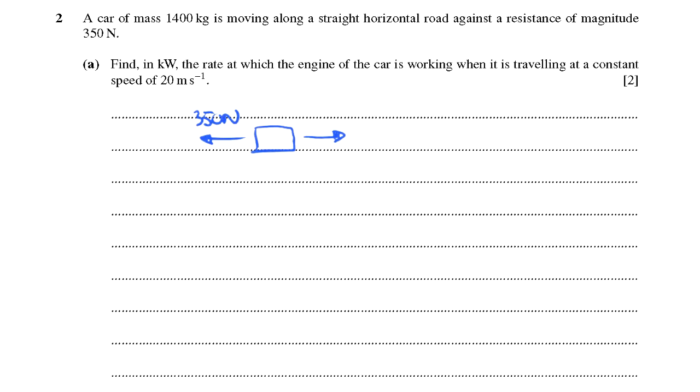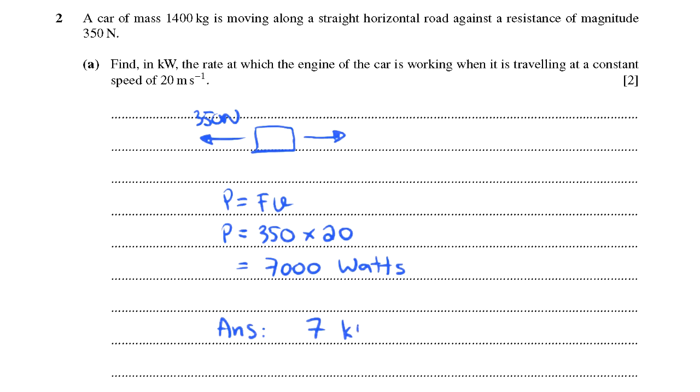We know that power is force times velocity, and so we know the force must be 350, and we know velocity is 20, and so power is pretty easy. 350 times 20 is 7,000 watts, though the question does tell us to give the answer in kilowatts. So the answer in this particular case is 7 kilowatts. And we're done.